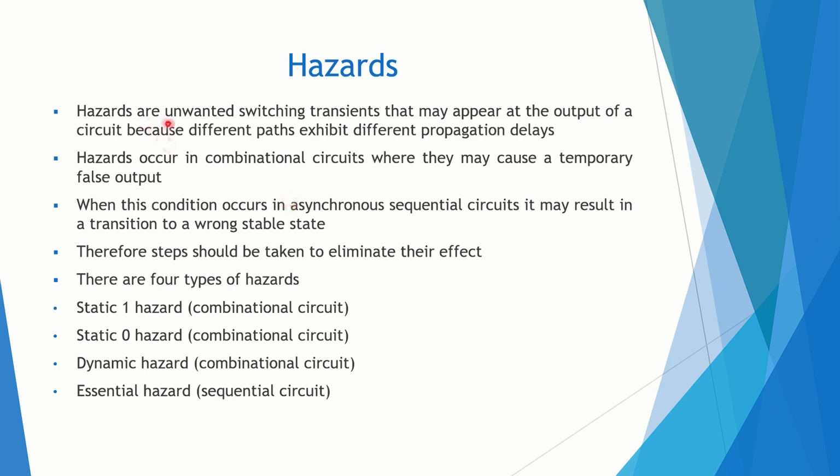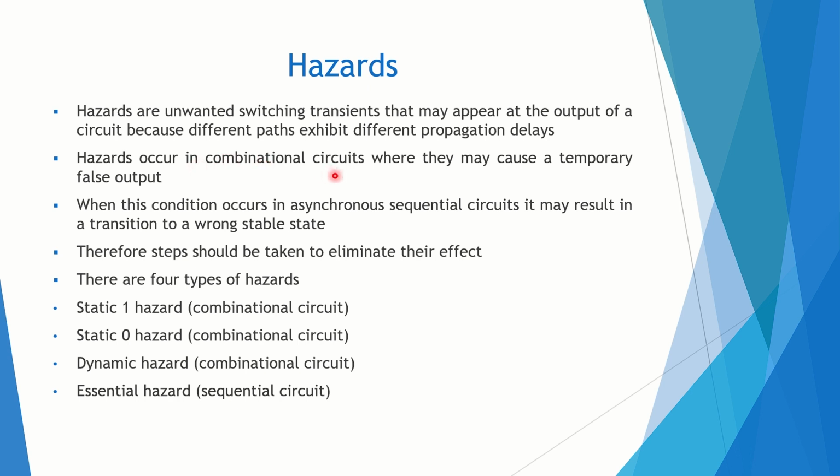Hazards are unwanted switching transients that may appear at the output of a circuit because different paths exhibit different propagation delays. Suppose there is a combinational circuit with many input variables and one output variable, and a single input variable changes from 0 to 1.